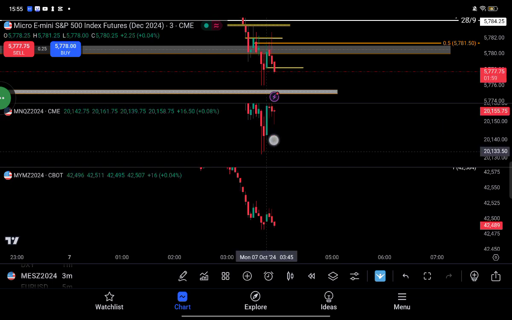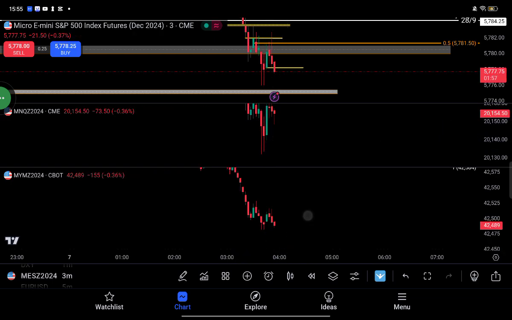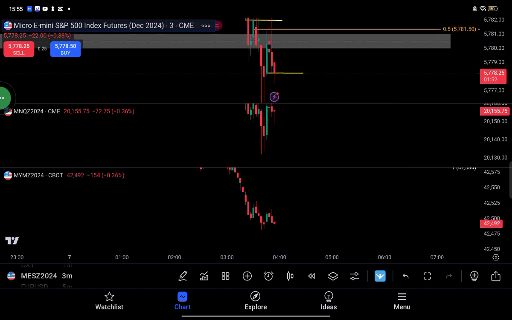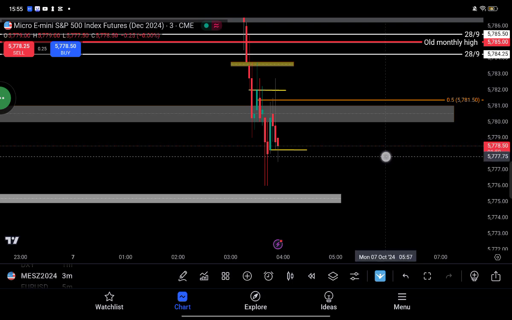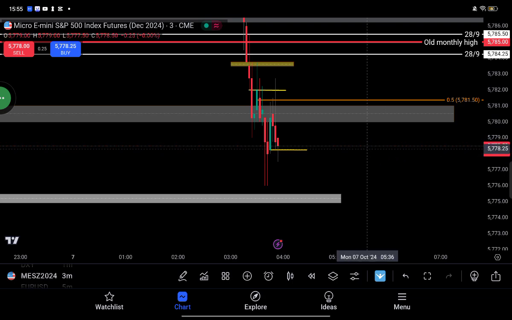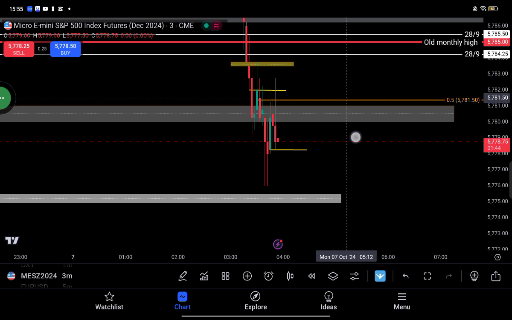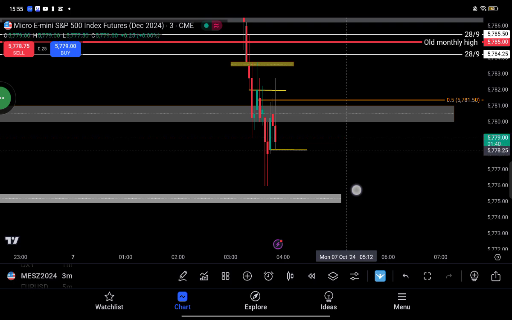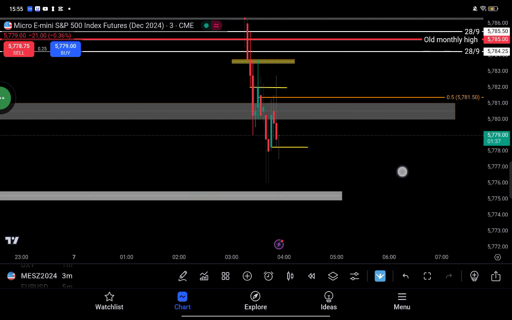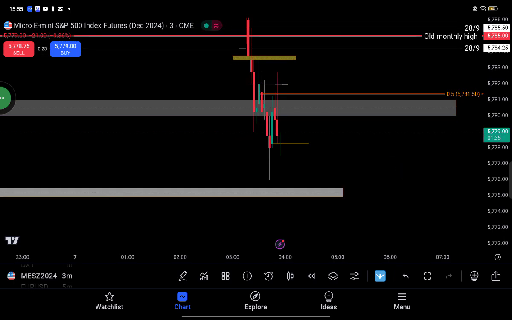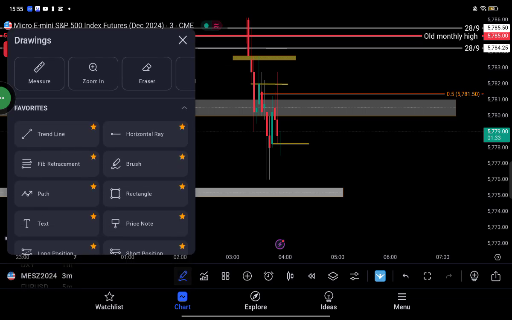So Nasdaq now higher lows. So let's see if I short here, 5778.25. My stop loss will be just placed here. Okay, mean of this order block.